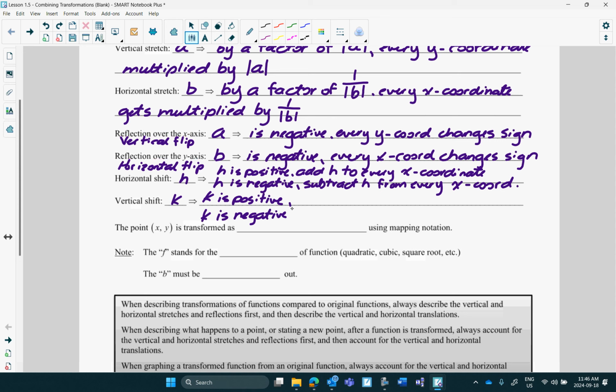And if we go up, we add K to every y coordinate. And if it's negative, we subtract K from every y coordinate.